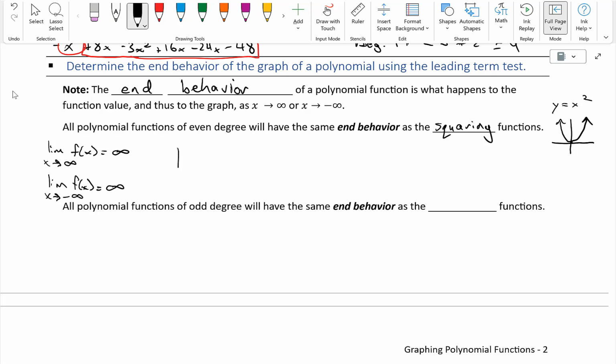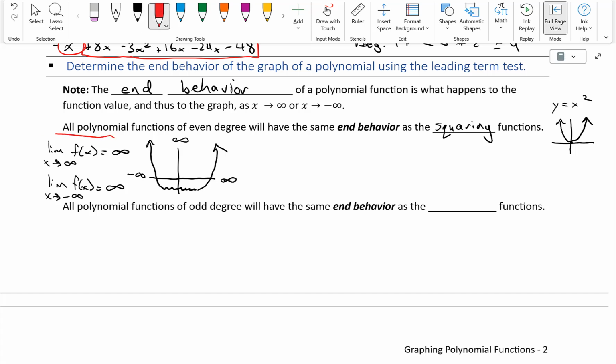So that's the original. We can draw a picture to go with it. Our end on the left as we go out towards negative infinity is up towards positive infinity. We don't know what's happening in the middle, so we'll squiggle here. And we'll go up as we go out towards positive infinity, up to infinity as well.